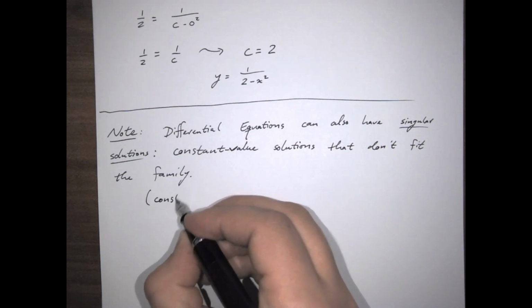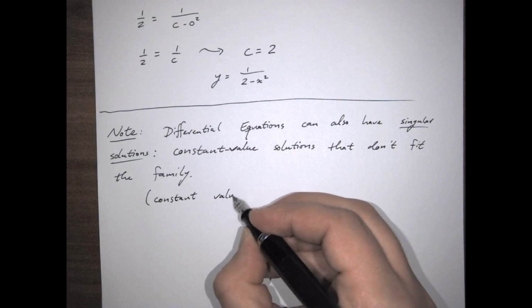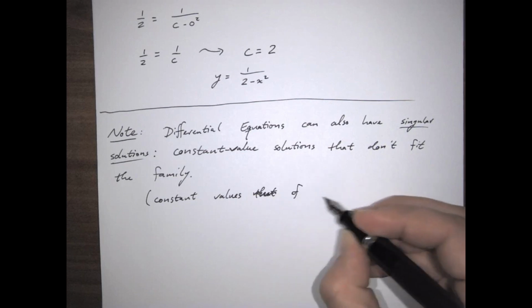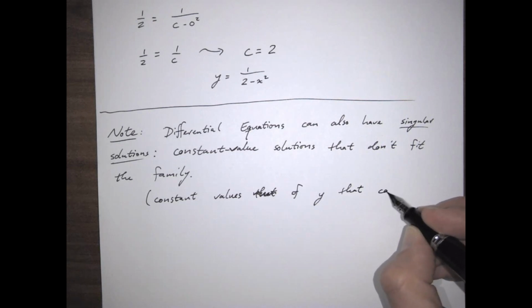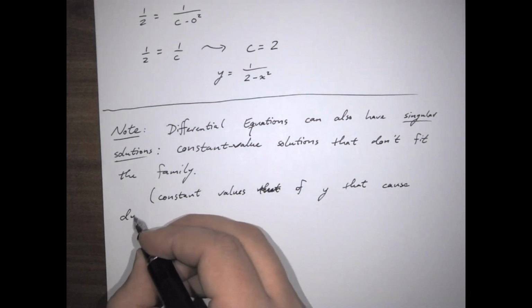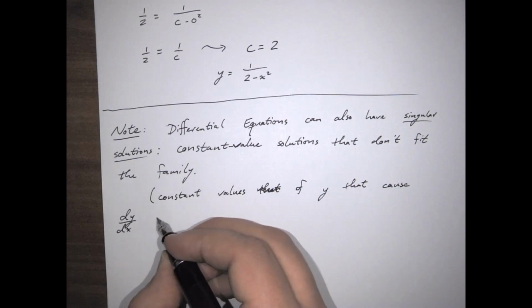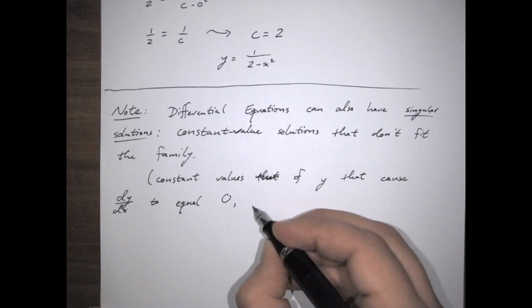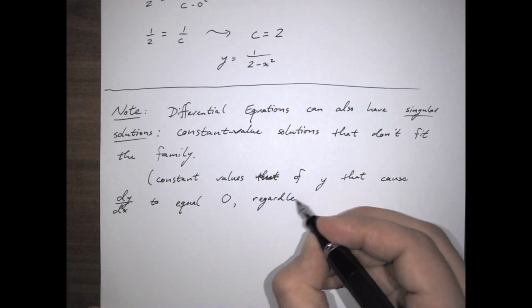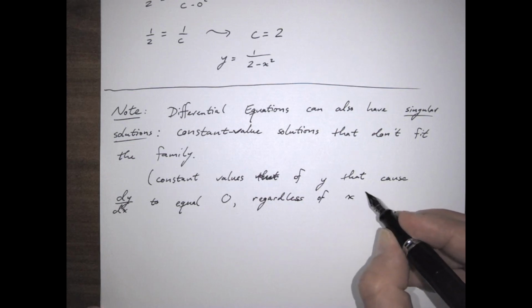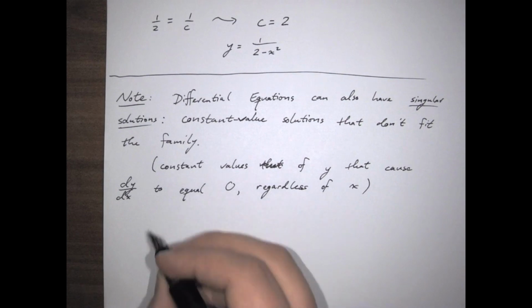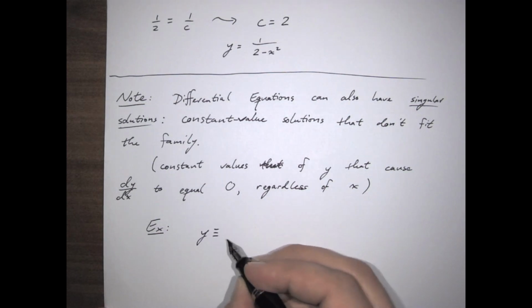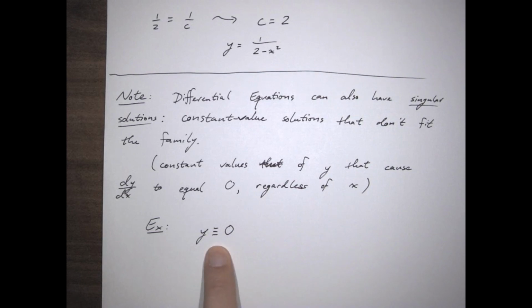These are values of y, I should say, that cause dy dx to equal 0 regardless of x. So in our example here, y equals 0.